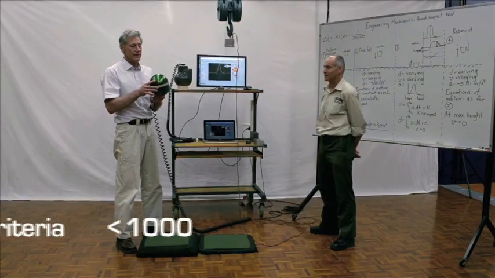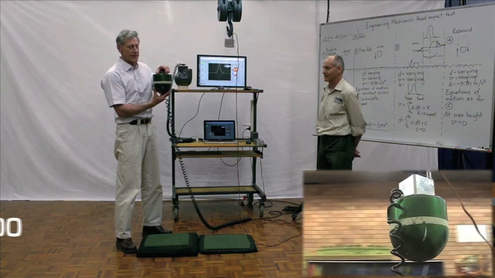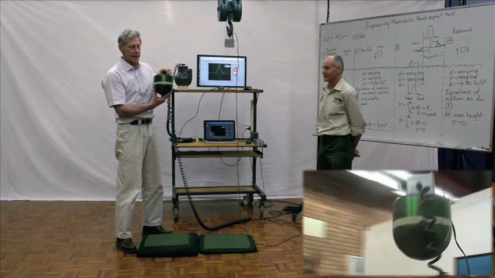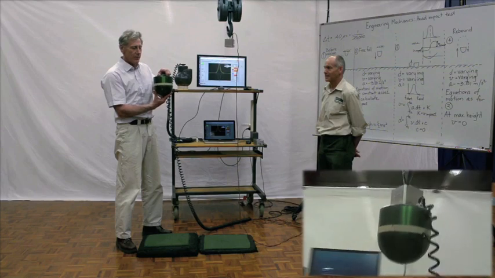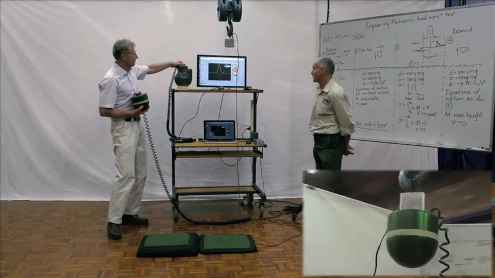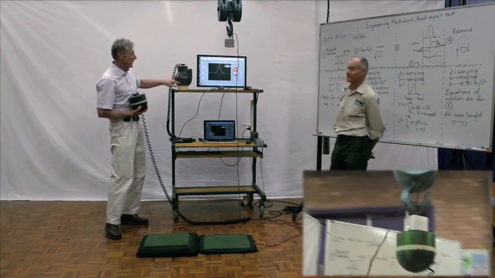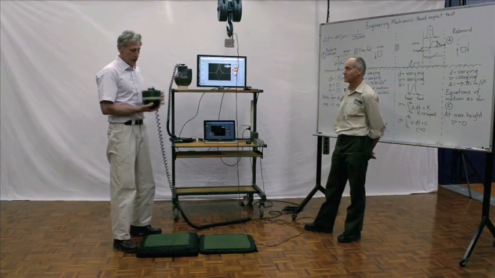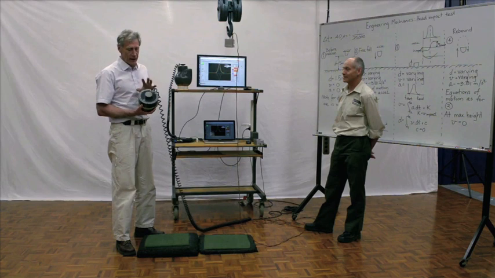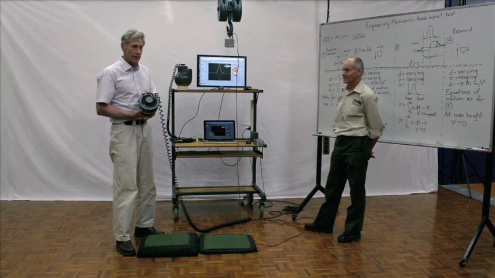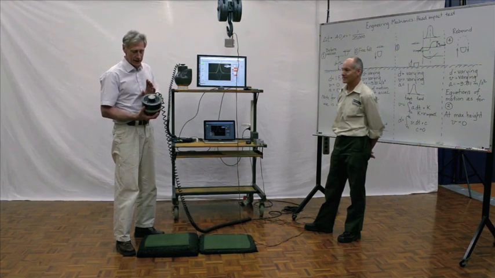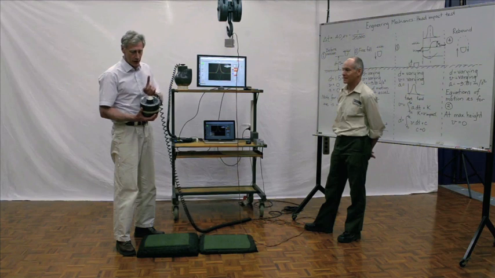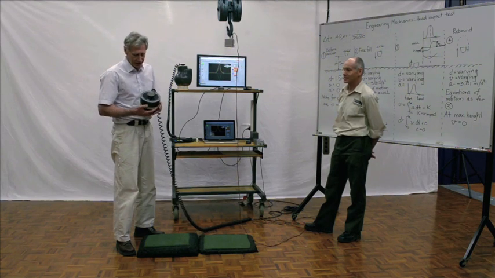We use an instrumented head form. In this case, it's a 4.6 kg head form. We also have a 5 kg J shape head form. Inside the head form, we have 3 accelerometers. They're orientated orthogonally.